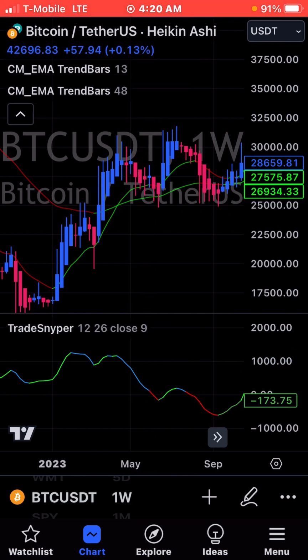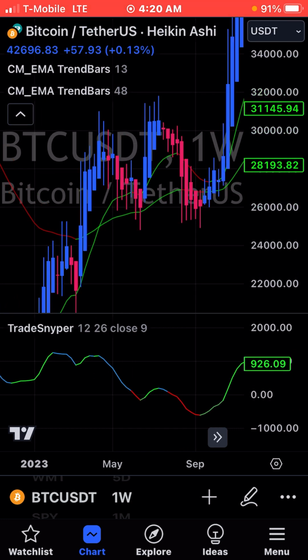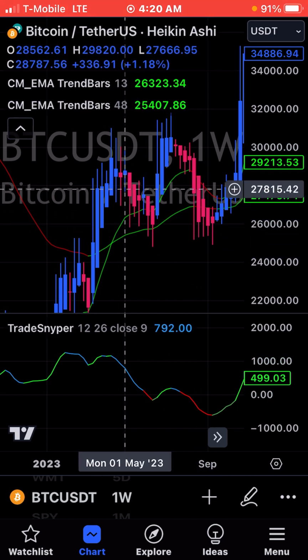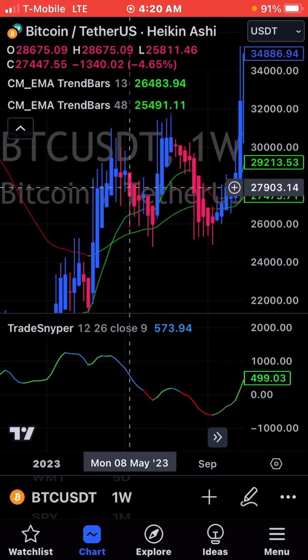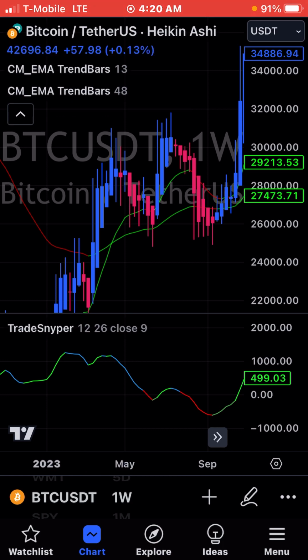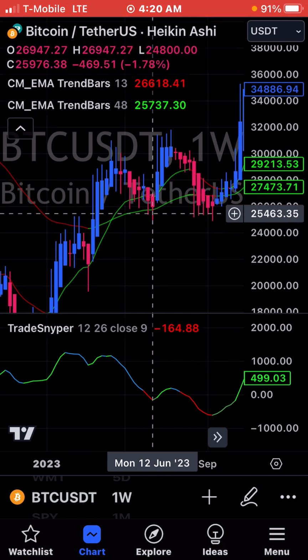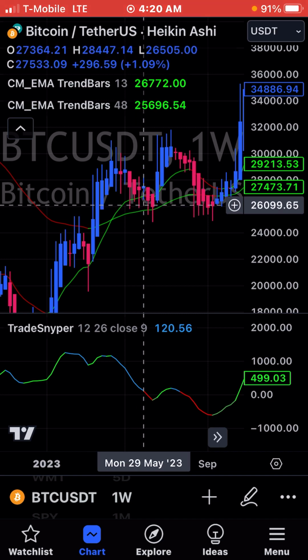So the overall trend here is still up because I have the 1348 loaded. I do not enter any trades when it's blue. Blue is it cooling down. Blue is usually when it's going sideways. The market is cooling down. So what I look for is what happens after blue.